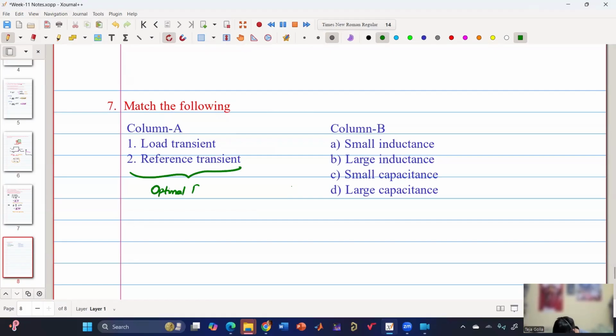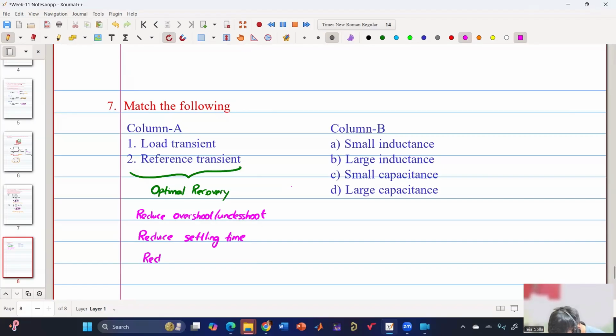With that optimal recovery, I'm trying to reduce the overshoot or undershoot, as well as the settling time, and the peak current, the inductor peak current, because I want the peak current to be minimal.